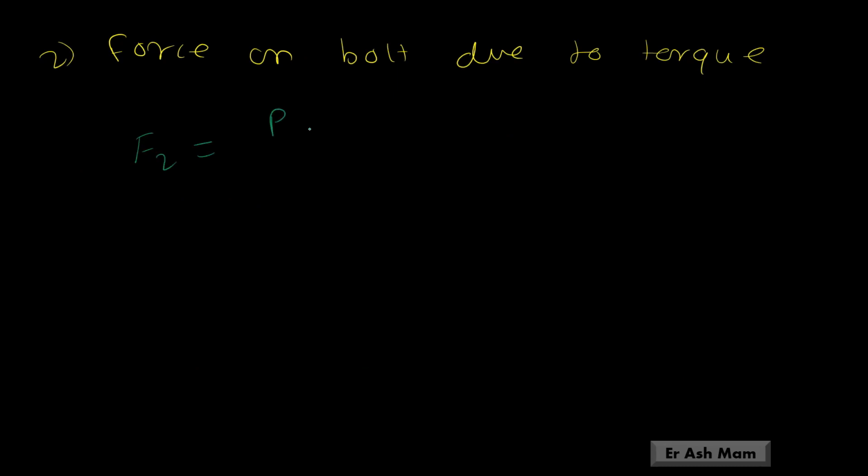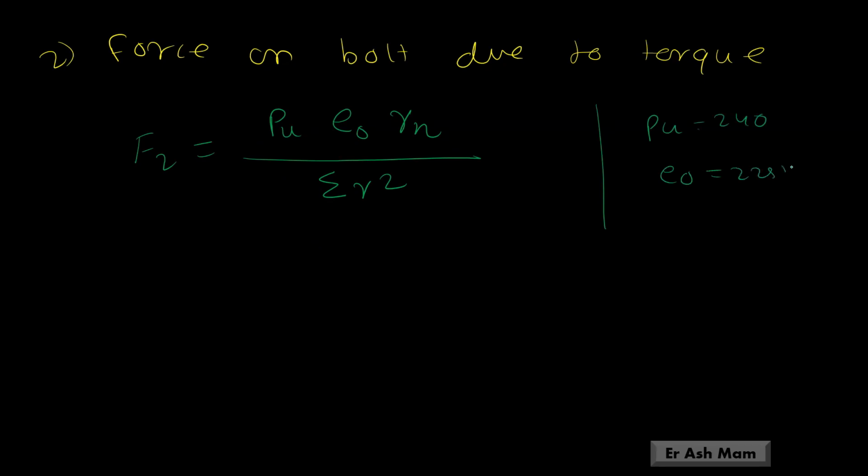It depends upon P, that is the factored load PU, then eccentricity, Rn, and summation of R square. We know that PU, the ultimate load, is 240 kilonewton, and e naught is 225 mm, both given in the question itself.